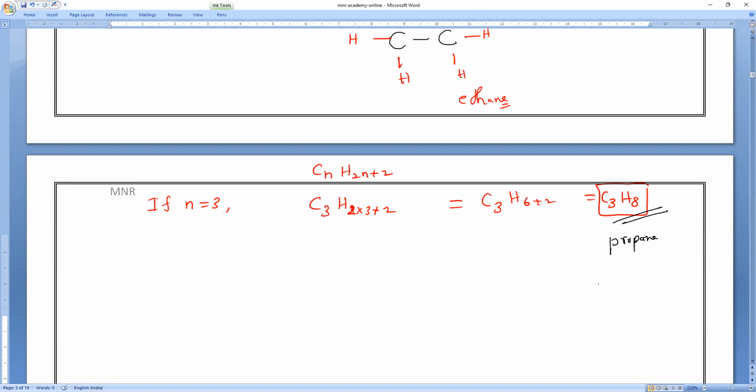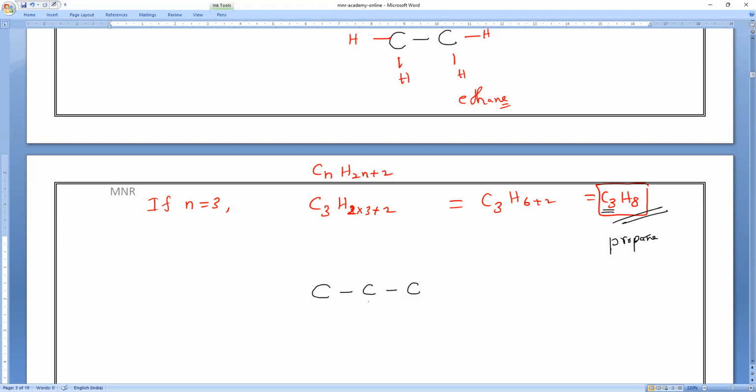Propane. Okay, propane. So the structure, 3 carbons. Structures are the heart of this chapter. If you are not able to draw structures, there is no use of studying this chapter at all. The best way to draw structures easily is to always draw the carbons first.